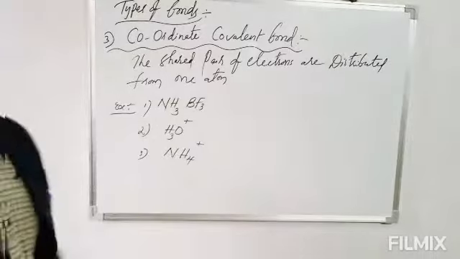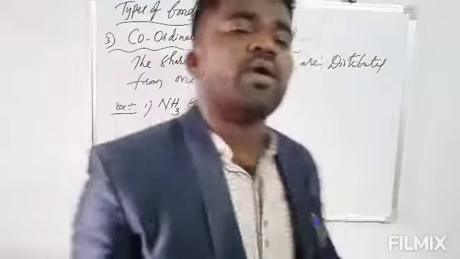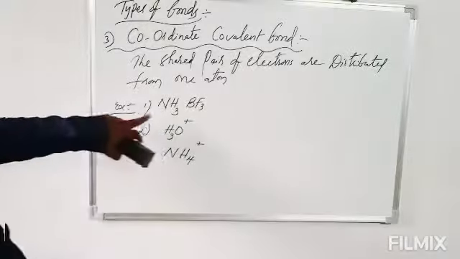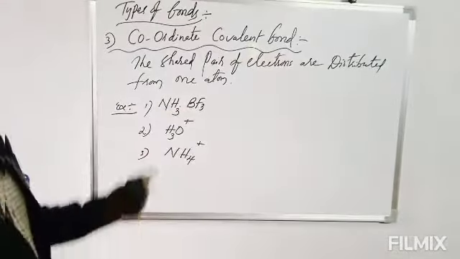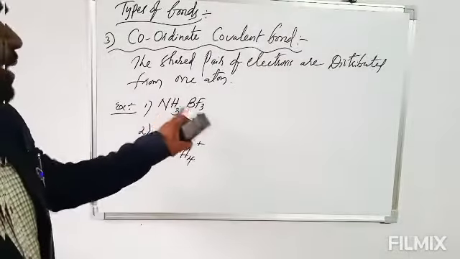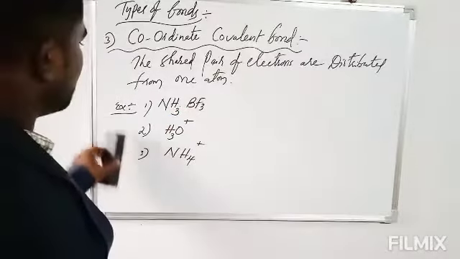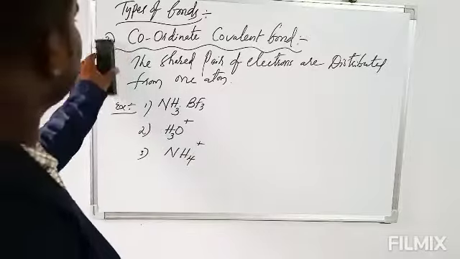These three are the best examples for the coordinate covalent bond. Now we will discuss them one by one. First, NH3 and BF3, the ammonia and boron trifluoride molecule.